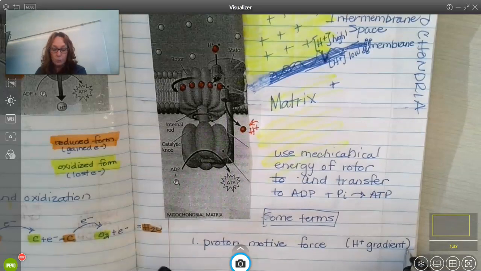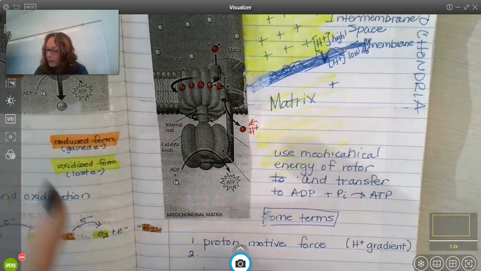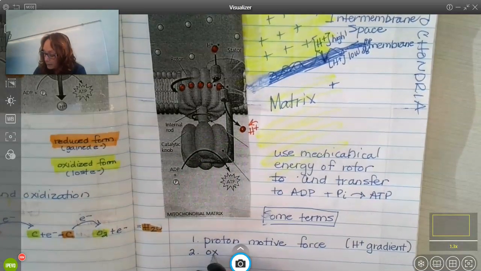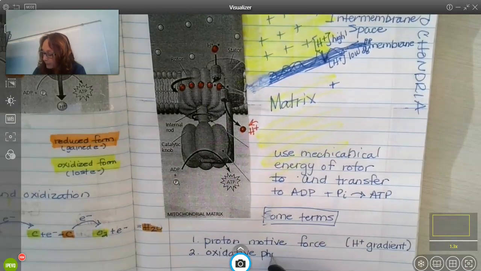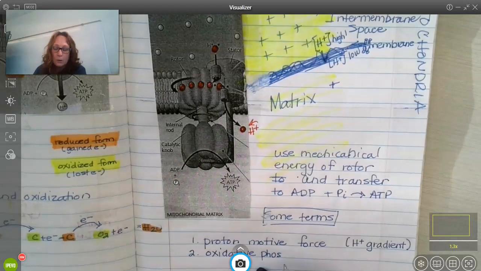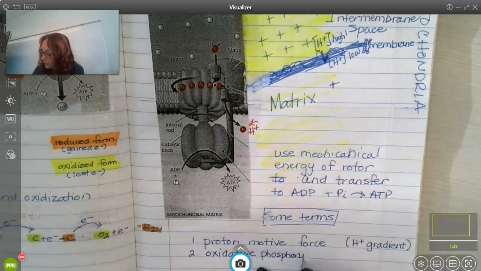Okay, that's one thing. The other thing that they could call this, and we talk about it all the time, is oxidative phosphorylation.